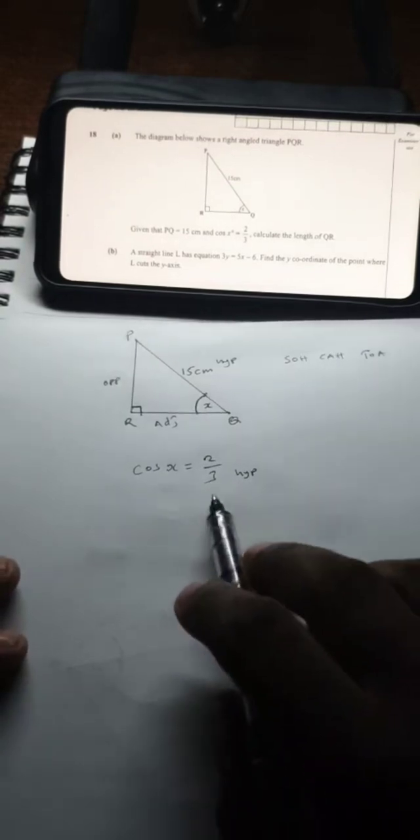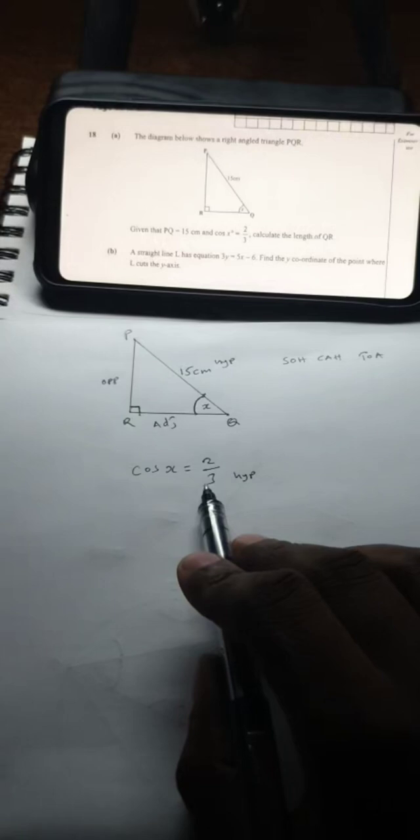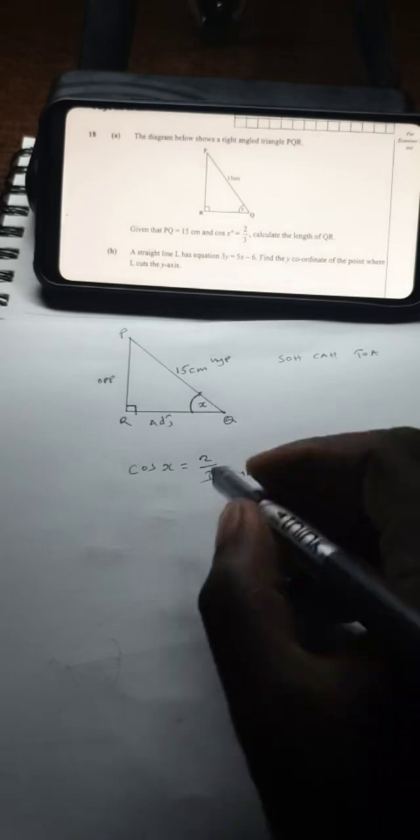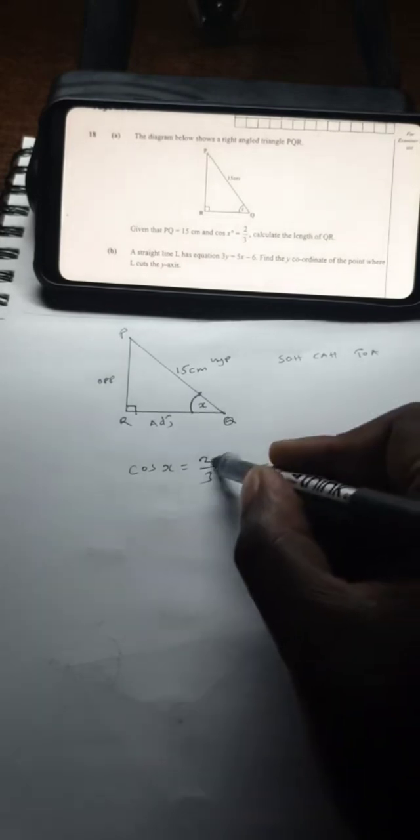But how come from 15 you have 3? How is it possible that from 15 you get 3? So what you are going to do in order for us to know, because now adjacent over hypotenuse, meaning 2 adjacent is on top, hypotenuse is at the bottom. Please pay attention.